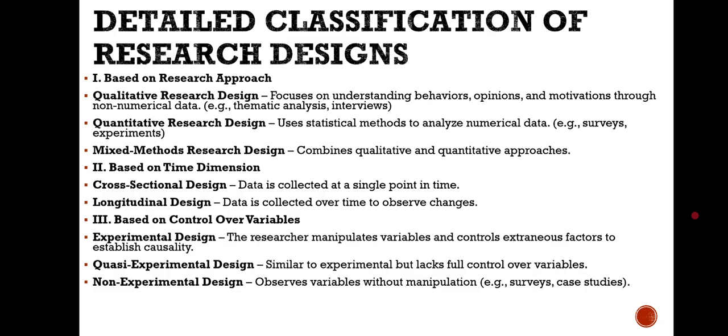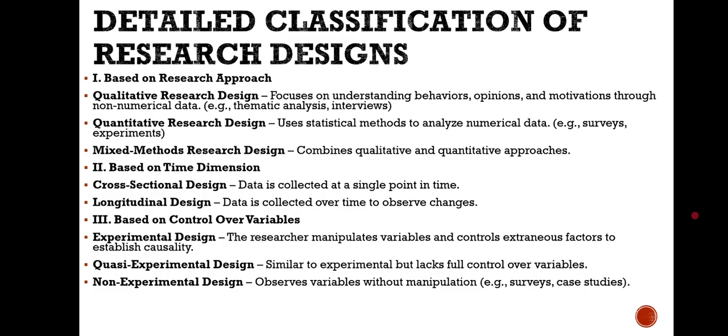So next approach we have based on time dimensions. In that case, first we have cross-sectional design, where data is collected at a single point in time, and in case of longitudinal design, data is collected over time to observe changes.